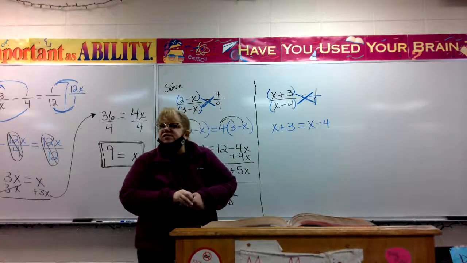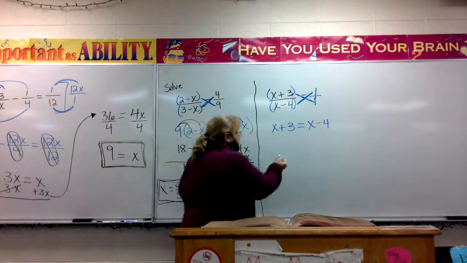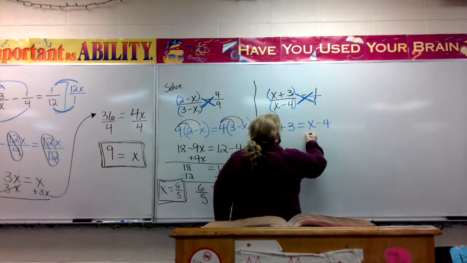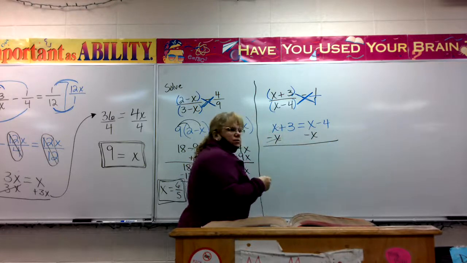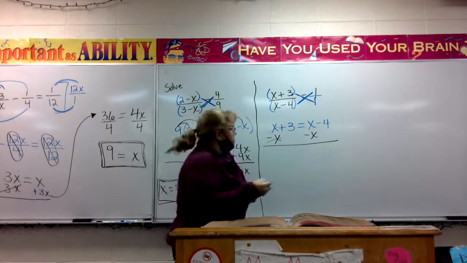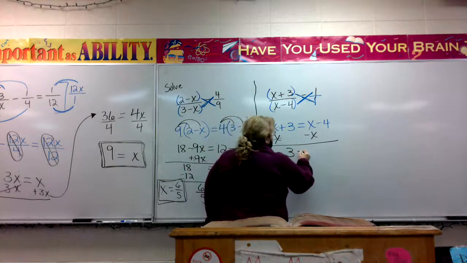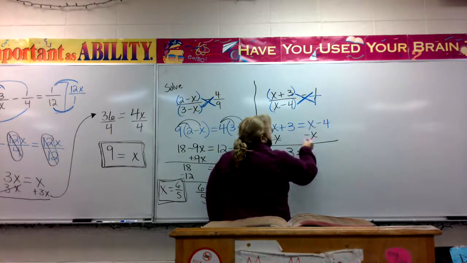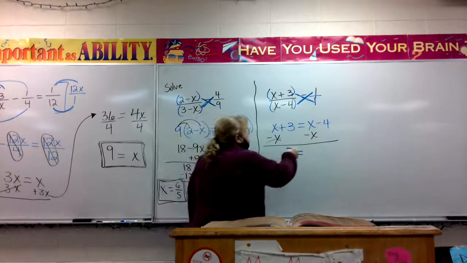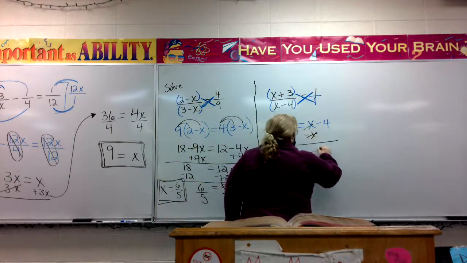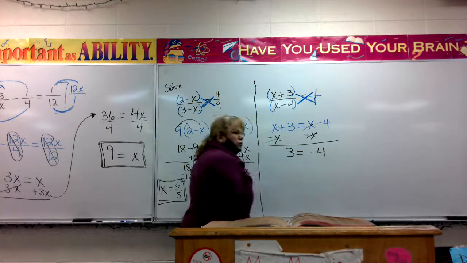Get all the x's together. So minus x, minus x. That drops out, right? I get 3. Oh, what's x take away x? I think that drops out. What do I have left over here? Oh boy.